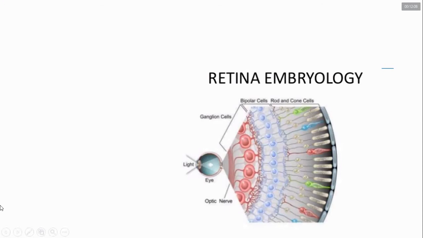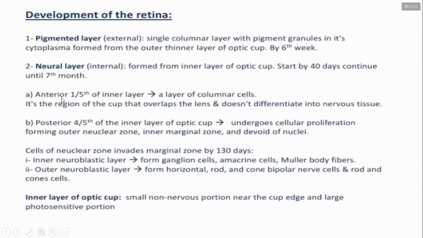So over here, what you have seen is the anterior 1/5 of the inner retina. There are columnar cells, and this overlaps the lens and does not differentiate into nervous tissue.